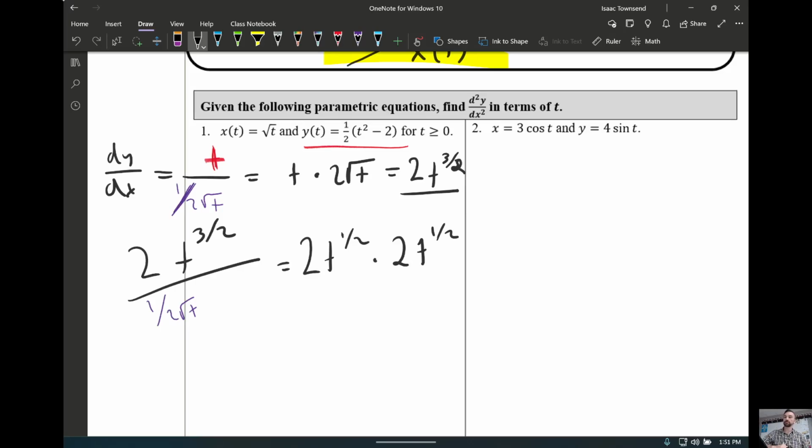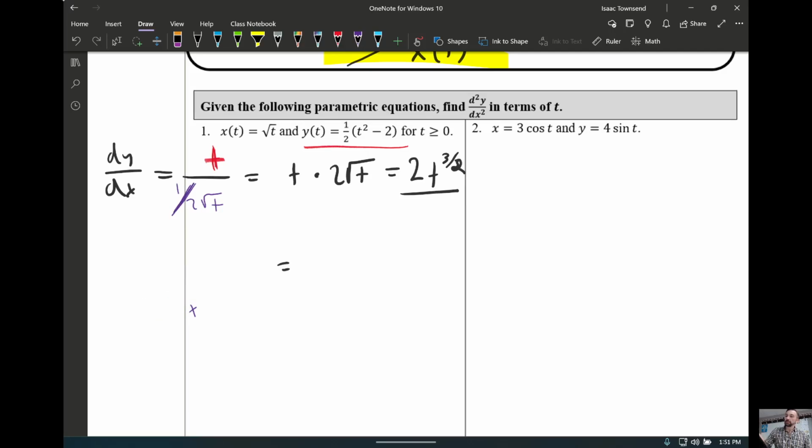Okay. Does that look better? I thought it's the derivative of dy dx. Derivative of 2t to 3. So it should be... Yeah, I just updated it. I didn't do the derivative. So bring the power down and then lower the power by 1.